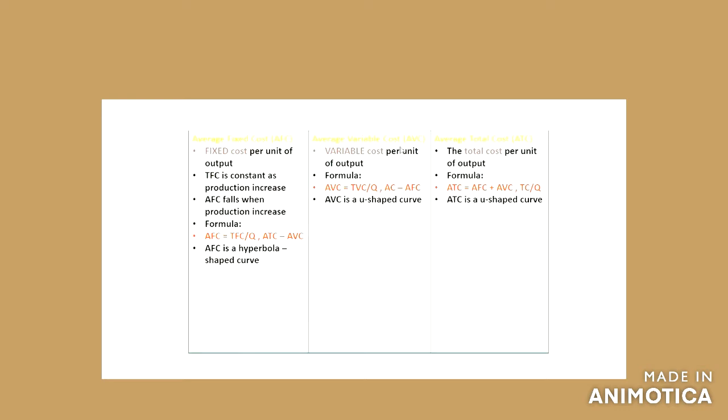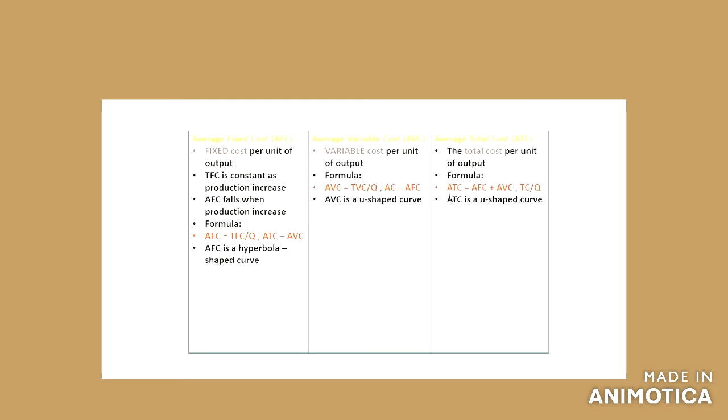So for average variable cost, the cost per unit of output. The formula to get AVC is TVC divided by output, or average total cost minus average fixed cost. So AVC is a U-shaped curve.